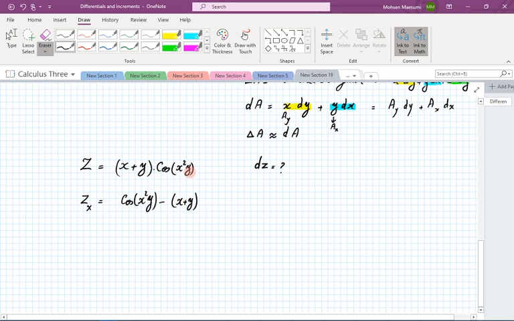The derivative of my interior function with respect to x, what is it going to be? Can you calculate it for me? It's going to be 2xy, and then the derivative of cosine is negative sine of whatever we had before.